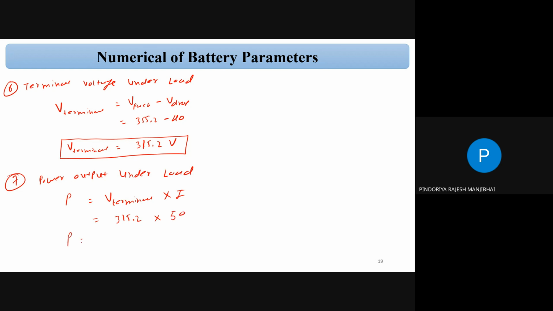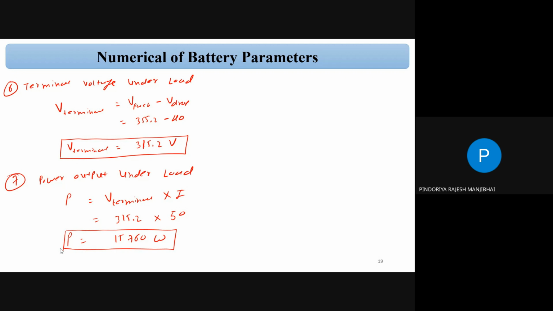So P is equal to 15,760 watt. If there is any calculation mistake, then please let me know. I did this numerical previously in my handbook, so if there is any mathematical mistake, please let me know.